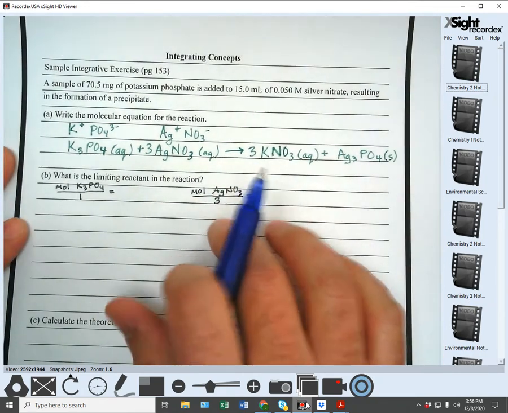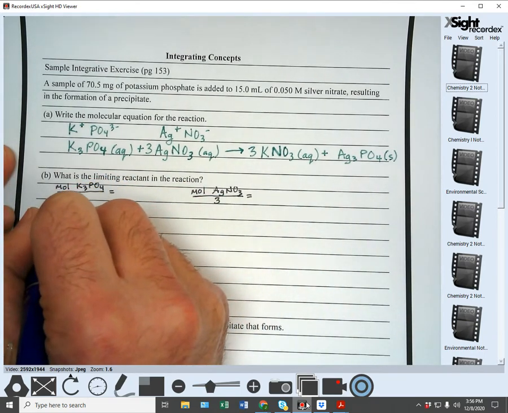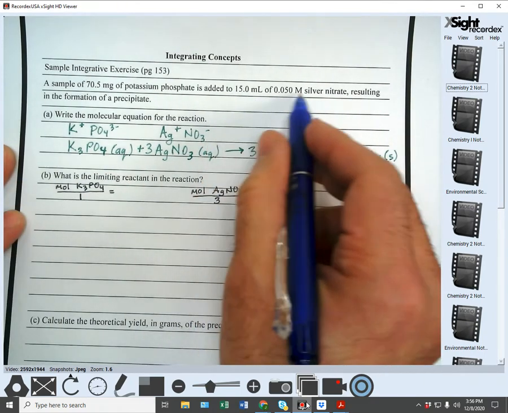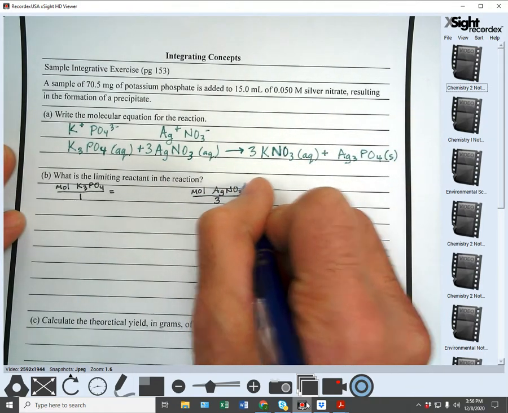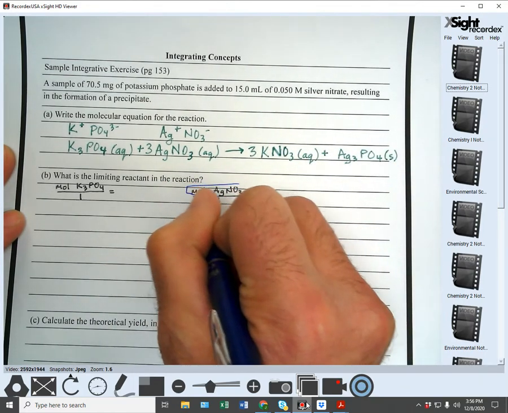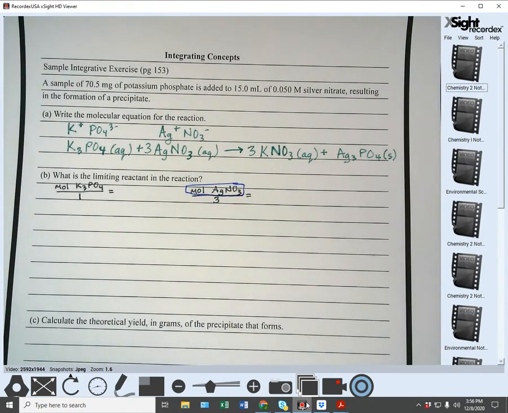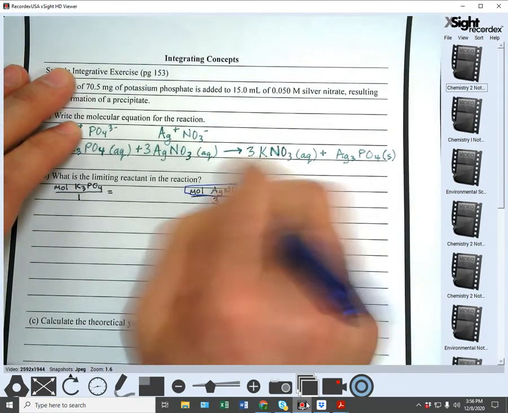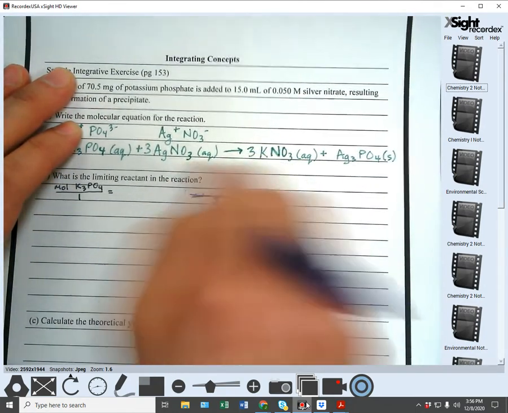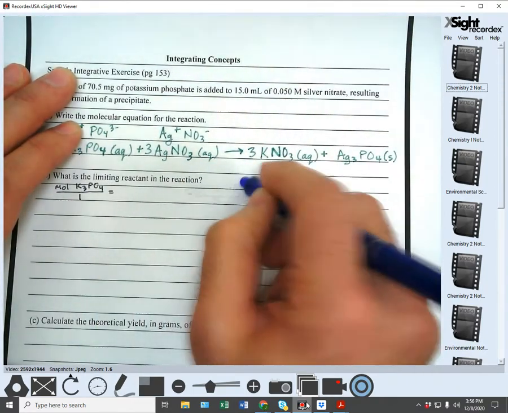So the second one, the moles of AgNO3, we can actually get that by, so I'm just going to kind of circle this in blue. Oh, you know what? I almost forgot, I am using erasable ink.